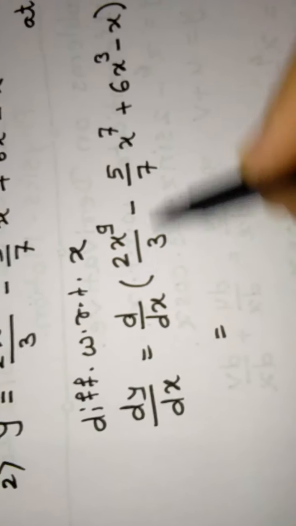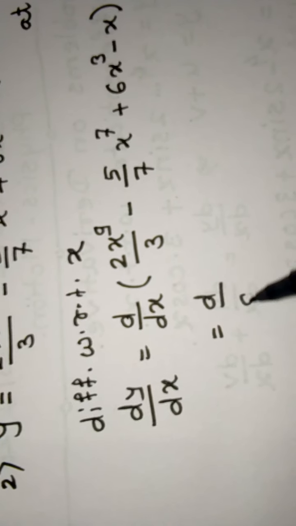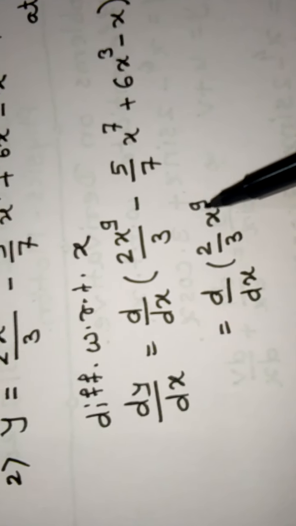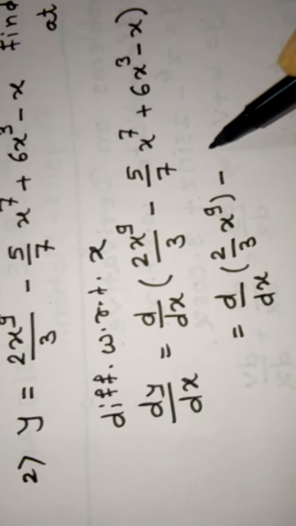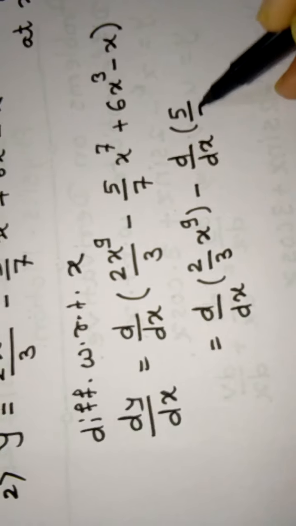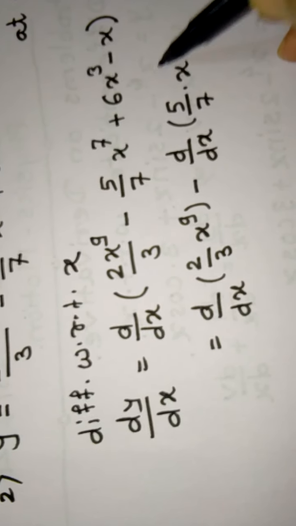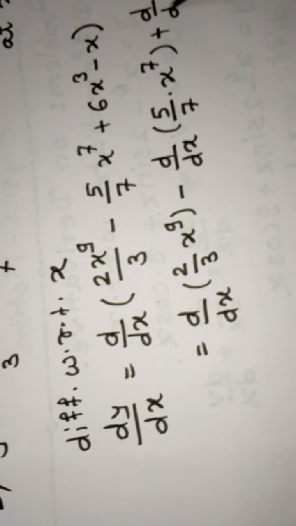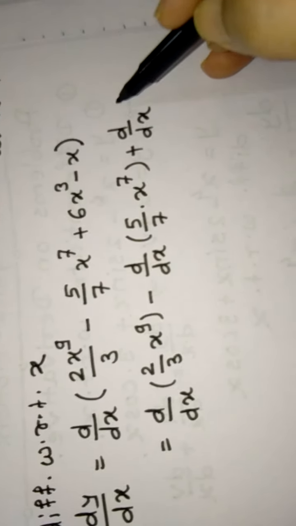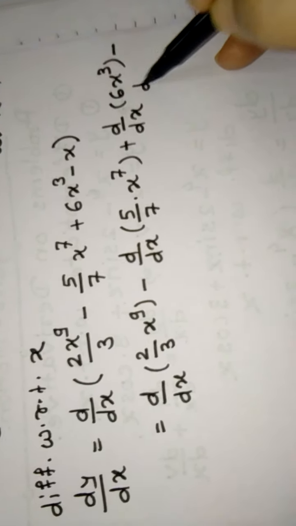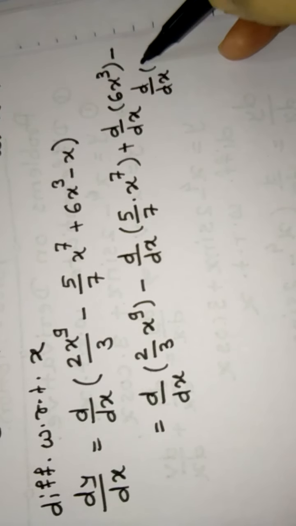That is, separate the terms: d by dx of 2 upon 3 x raised to 9 minus d by dx of 5 upon 7 x raised to 7 plus d by dx of 6x cube minus d by dx of x.